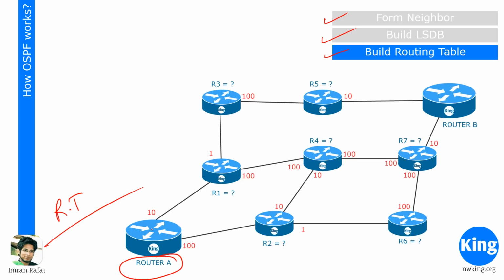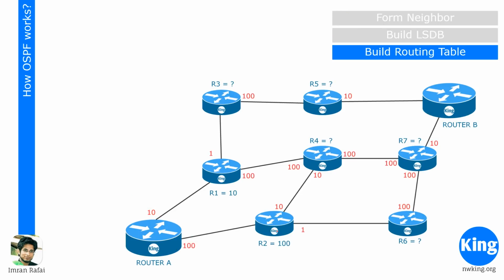Now, if it has to go to router 1, what is the cost? Of course, you know the cost is 10. To make it easy, let's say we are trying to go from router A to router B. Where's router B? Router B is here. Now let's get all the intermediate values for all the devices.